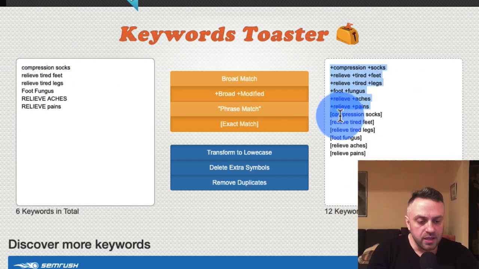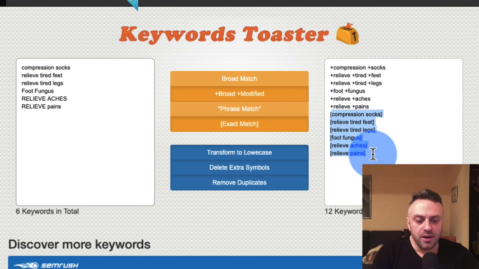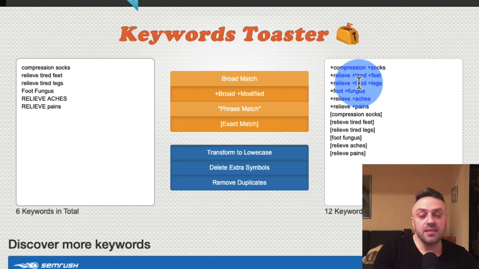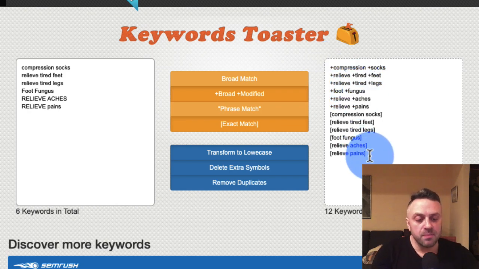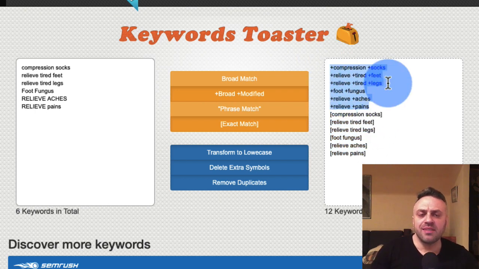So this second part is our exact matches in the brackets, and this top half is our broad modified match. Personally, this is how I like to do it, because I really want exact matches, to make sure that people are actually searching exactly for what I typed. I also want broad modified, because I want to give myself some flexibility.